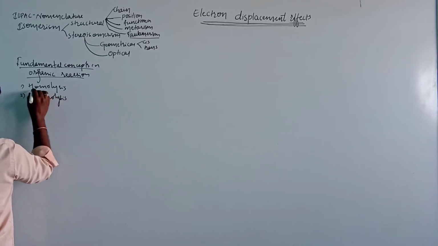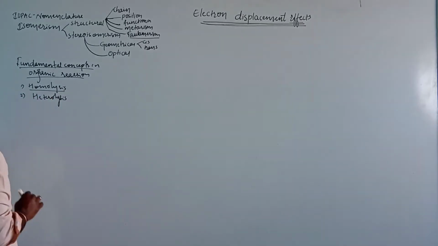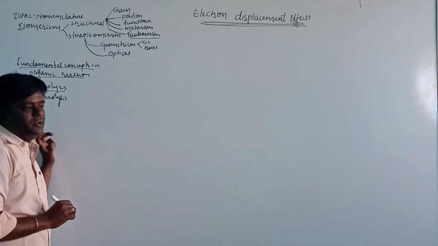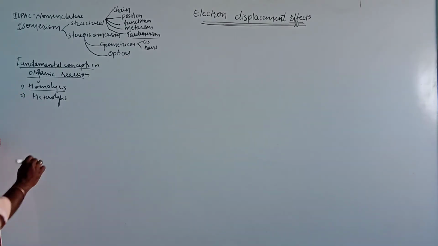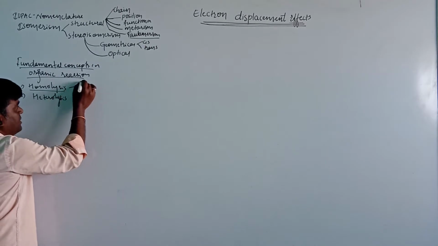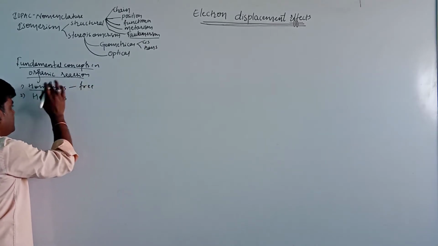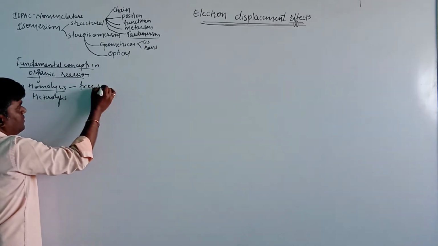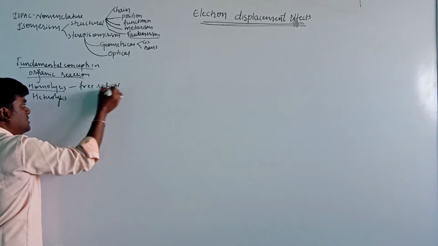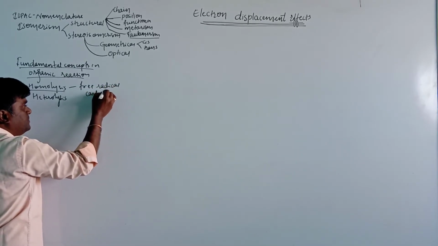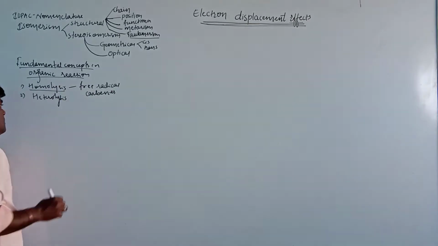Homolysis means the symmetrical cleavage of a covalent bond, which forms free radicals. Free radicals, such as carbon radicals, will be formed by homolysis.